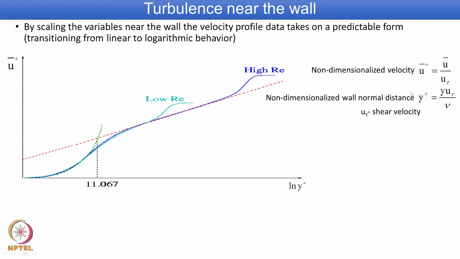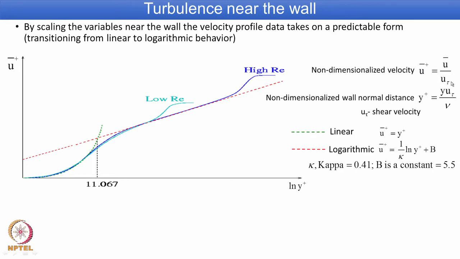So, we define non-dimensionalized velocity u bar, that is a mean velocity, and because it is non-dimensionalized we use superscript plus. So, u bar plus equal to u bar by the velocity scale that is used to non-dimensionalize, that is u tau. U bar by u tau is actually u bar plus.